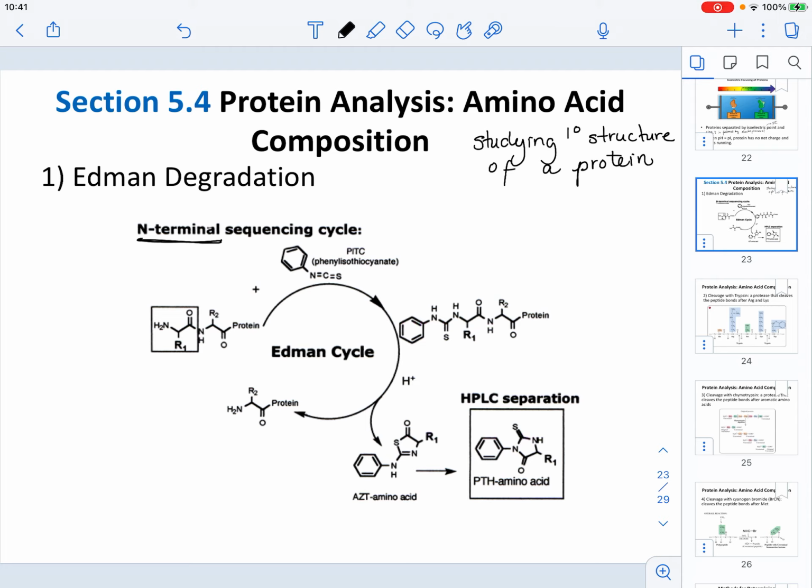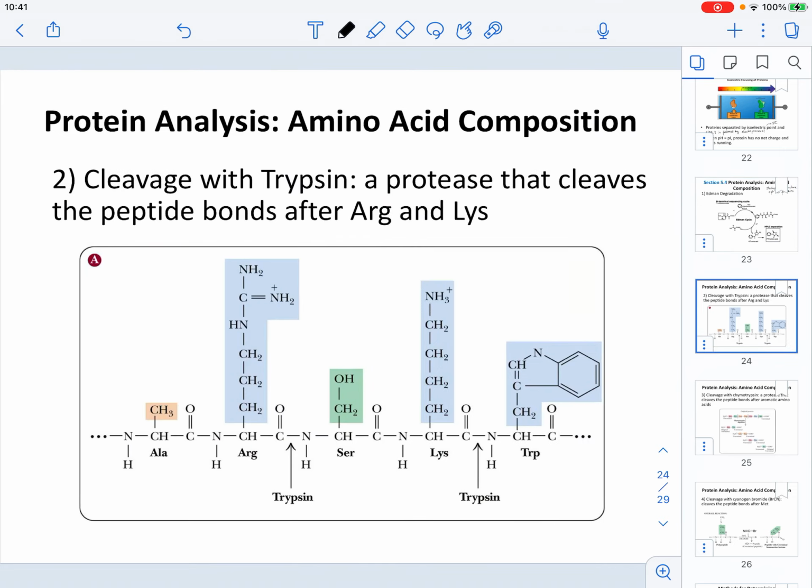Now, there are other ways that we can also look at the sequence of amino acids in the protein. The second technique that can be utilized to look at amino acid composition is by utilizing enzymes that we know are going to hydrolyze specific peptide bonds. The first one that we're going to mention is trypsin.